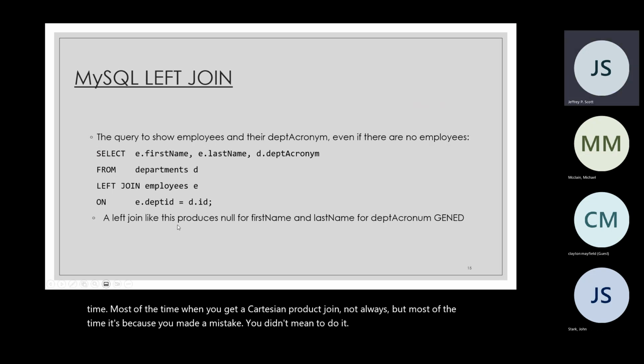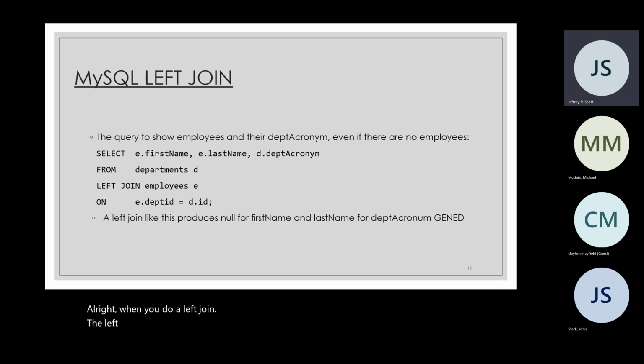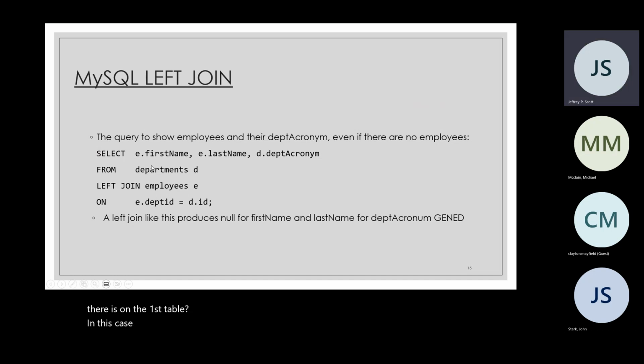When you do a left join, the left table is the one that is the predominant table. So you're saying, show me every record there is on the first table. In this case, it would be departments, and only show me those employee records that match from the department table. Otherwise, it's going to show null if there's no match.